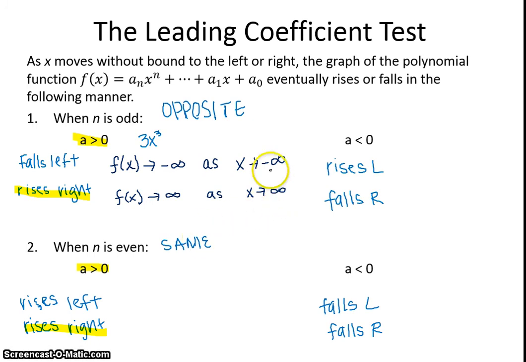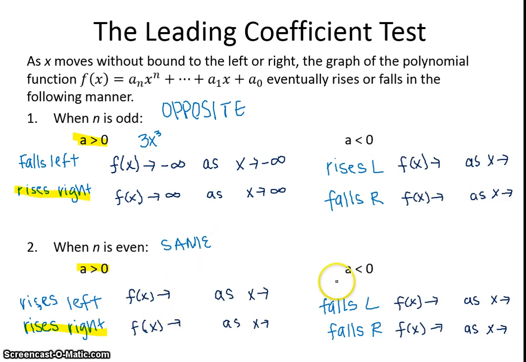So for all of these, we're going to have this same format. Okay, I went ahead and filled all those in. Now I just have to fill in the blank. Down here, rising to the left, so I'm rising, so I go to infinity as I go to the left, and rising to the right, again going to infinity. For all of these, I could fill in my left and my right.